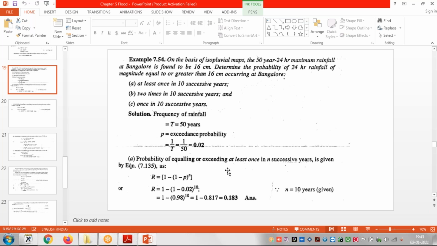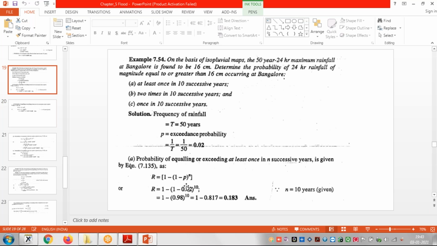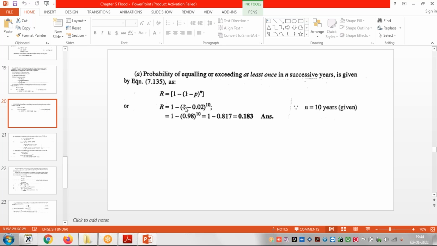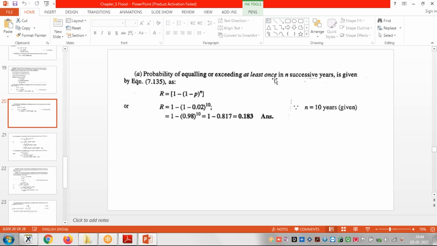First it was once, then two times. So we got first the probability of occurrence in n years.